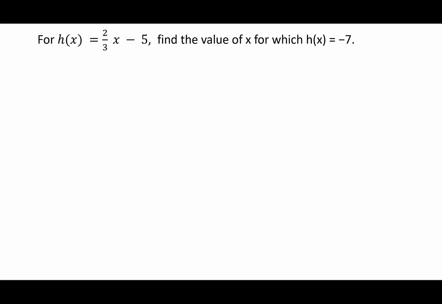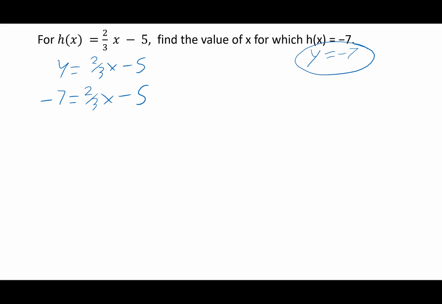Well, remember, this right here is in place of y. So I could rewrite this function as y is equal to 2/3 x minus 5, and I'm going to replace my y with -7.